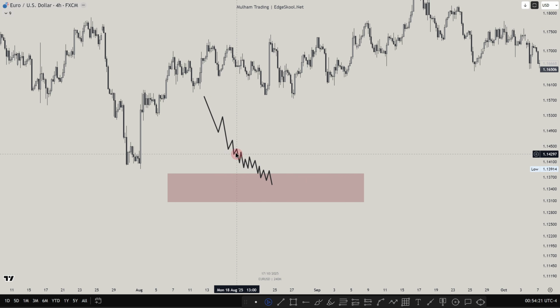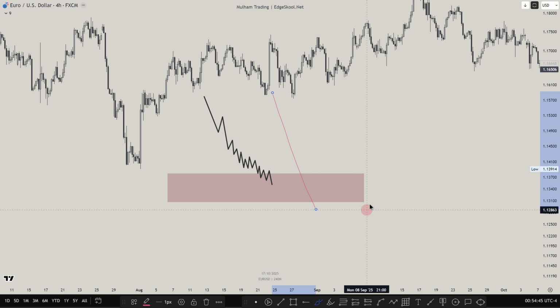This noise here, or this small structure, is going to continue, and we cannot go long until we see some strength happening, because whenever we have price coming down aggressively, it means that at some point it's going to get exhausted, because now it's coming down in a very aggressive way. At some point it's not going to be able to continue, so we might have a quick reversal. It's going to have exhaustion here and then strength.